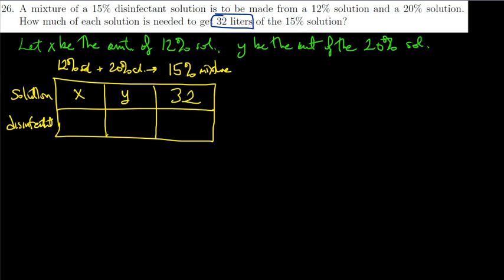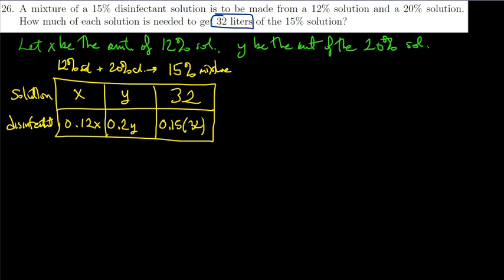What about the disinfectants? Well, from the 12% solution, only 12% of the x liters is disinfectant. As a decimal, 0.12 times x, right? And then 20% of the other solution, so 0.2 times y. And then for the mixture, it's 0.15, 15% of 32.